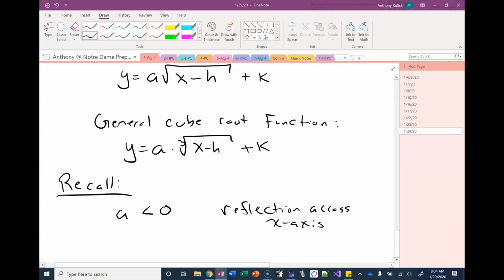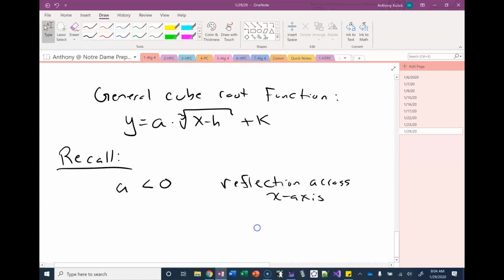So they're in charge of the reflections. What else do they do? They do not reflect across the y. They're also in charge of the dilations, so the stretching.